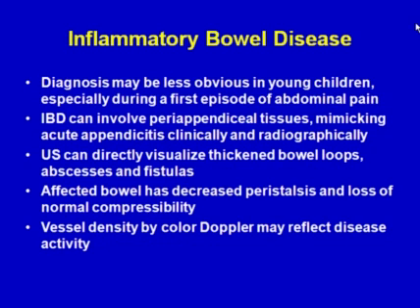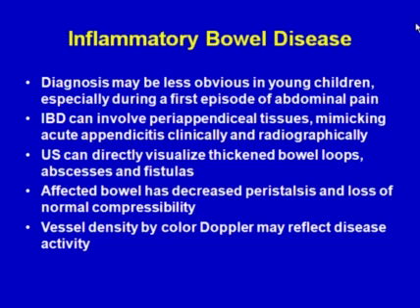That being said, the diagnosis of inflammatory bowel disease may be less obvious in the very young child, especially during a first or presenting episode of abdominal pain. IBD can involve the periappendiceal tissues, thereby mimicking acute appendicitis both clinically and radiographically.